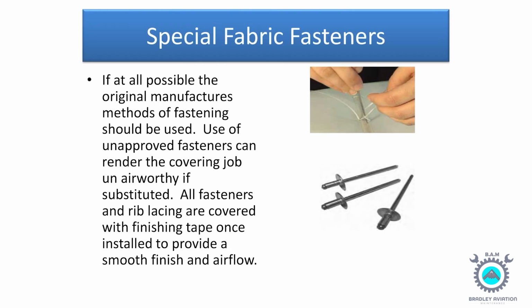Special fabric fasteners. If at all possible, the original manufacturer's methods of fastening should be used. Use of unapproved fasteners can render the covering job unairworthy if substituted. All fasteners and rib lacing are covered with finishing tape once installed to provide a smooth finish and airflow.